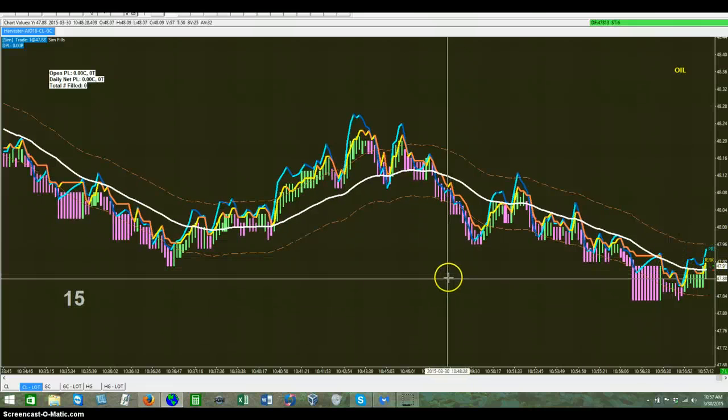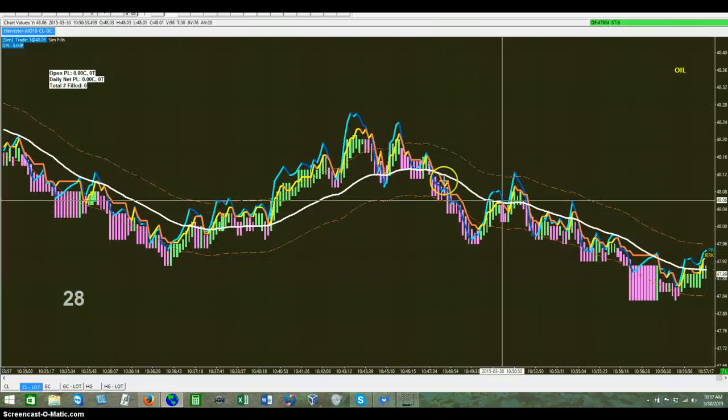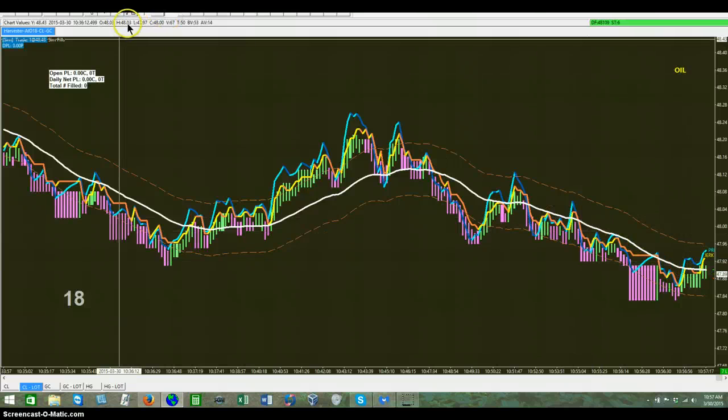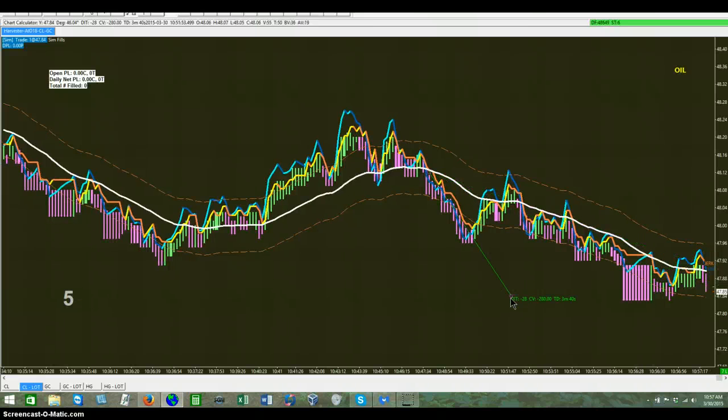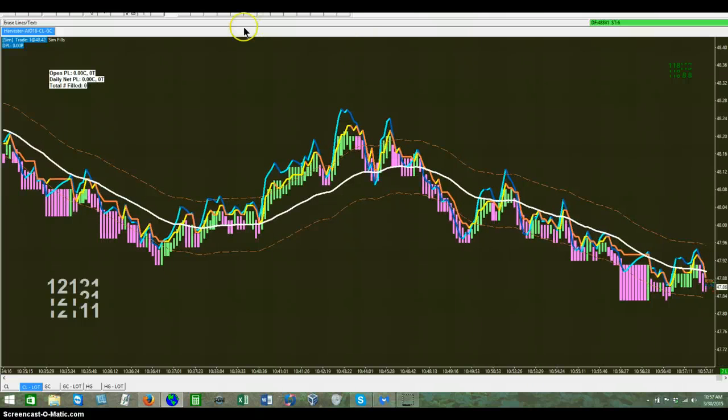Now I would take profit since this was a nice run, and that run would have gotten us, if we went in here and now we get out right here, $200. But as you can see, everything turned down again. We're still on a downtrend.